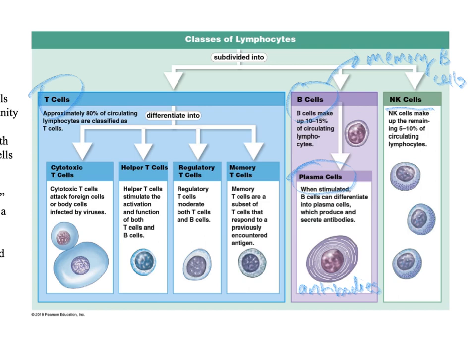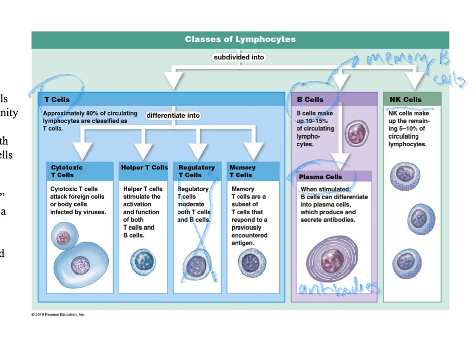On the T cell side, we have a few more options, and we'll look at 3 of the 4 of these. We're not really going to look at regulatory T cells, so you can kind of cross that out for now. We will talk about cytotoxic T cells. Remember, cyto means cell, and so toxic means toxic to cells.